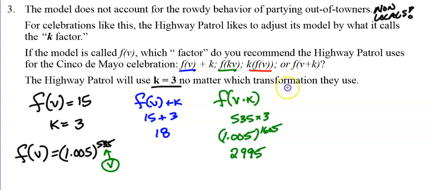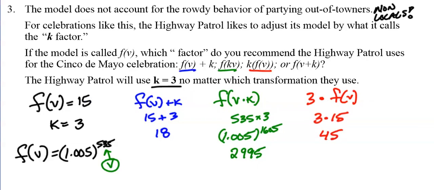So if we take K, which is 3, times f of v, which had a value of 15, we have 3 times 15, which would just be 45.